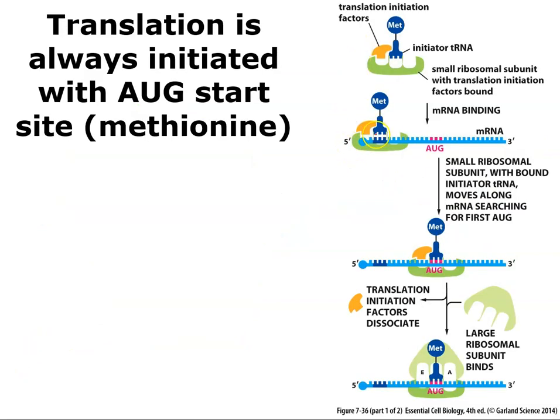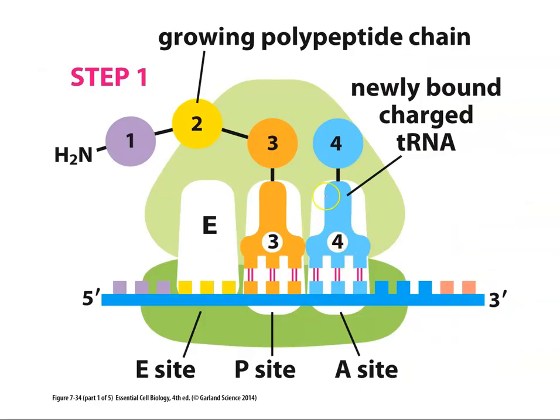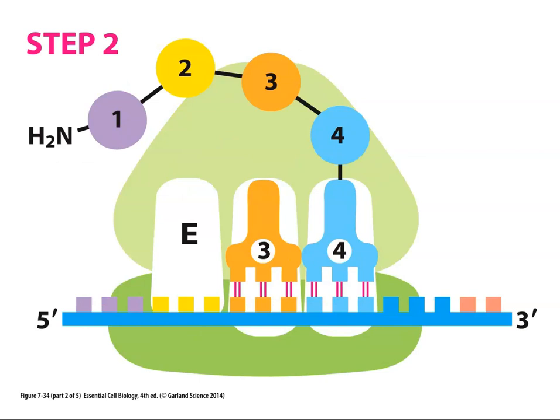So this initiation factor binds along with the initiating transfer RNA, which is always methionine, and scans for that UAG site to bind to it. That'll bring in the larger ribosomal subunit, and then at that point this chain starts to grow. The new charged transfer RNA will bind to this region within the ribosome, and then this all shifts over, and you can see the different sites as it shifts.